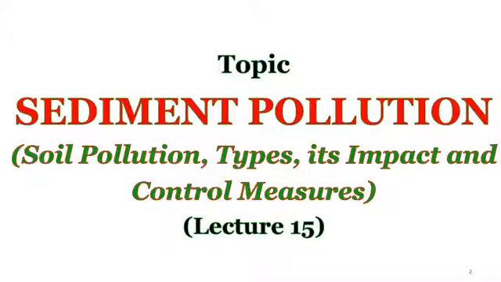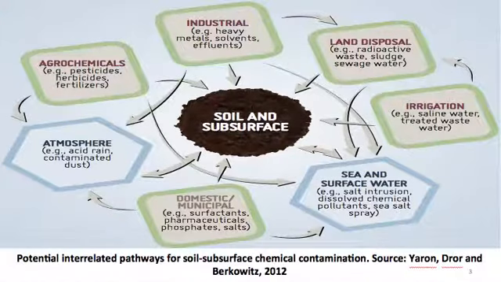So before going into the detail about it, we should know about soil pollution, that refers to the presence of a chemical or substance out of a place or which is present at a higher than normal concentration that has adverse effects on any targeted organisms.